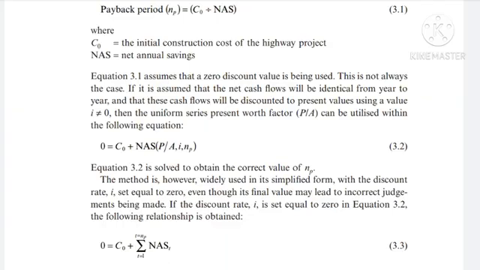Highway projects with a relatively short payback period can be attractive to a prospective developer. The short time frame is seen as lessening the risk associated with a venture, though road projects are seen as relatively low-risk enterprises.